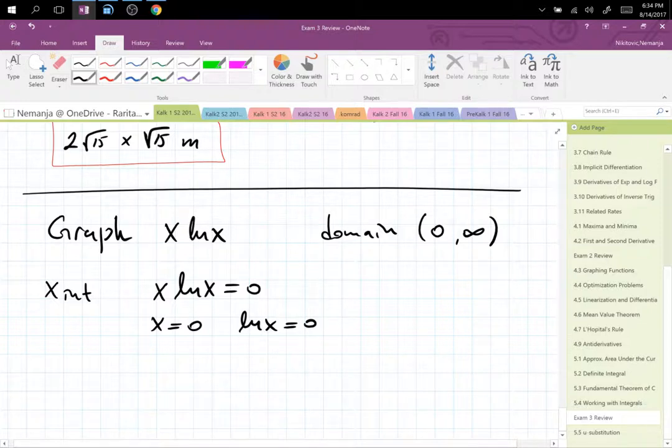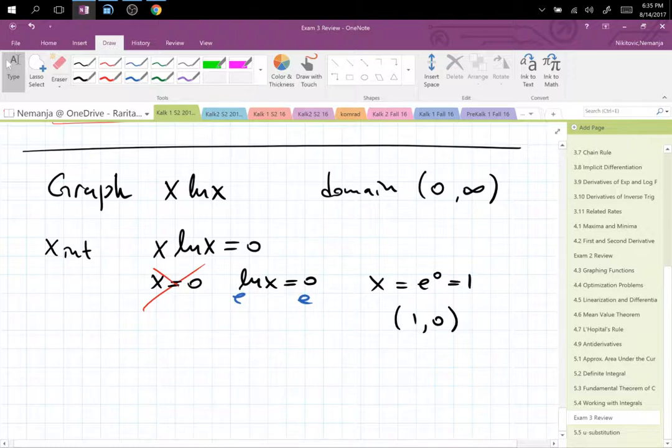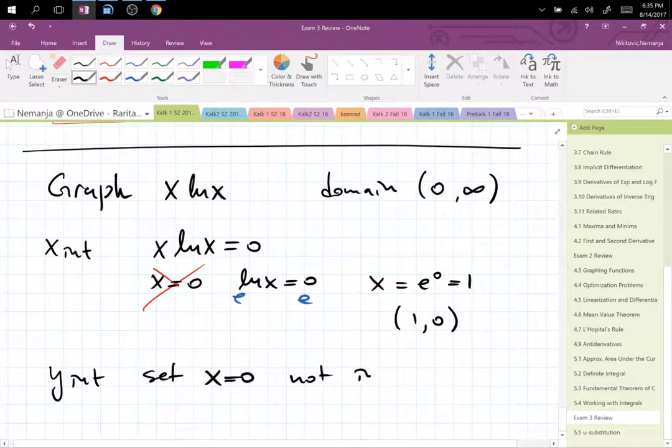So now we have x equals 0, which we have to throw away because ln x doesn't work there. And we have ln x equal to 0. If you e both sides, you get x equals e to the 0, which is 1. So we have (1, 0) as the x-intercept. The y-intercept is when you set x equal to 0, but we know we can't, not in the domain.